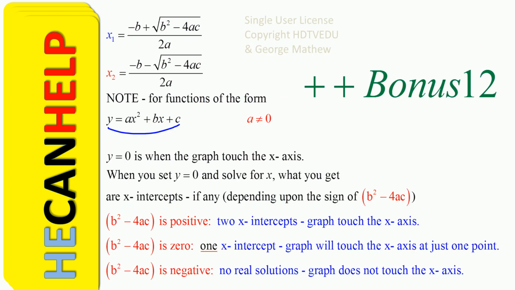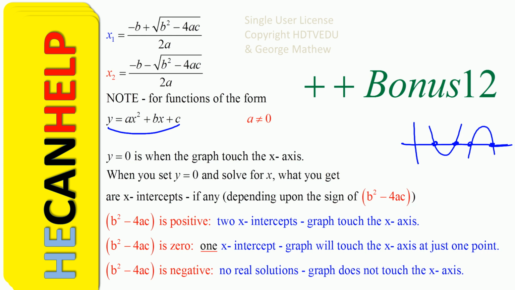Let's say you have to graph, and the relationship between x and y is given by y equals ax squared plus bx plus c. When you see the graph, where does the graph touch the x-axis? These points. Those points are what we have as x1 and x2, okay?